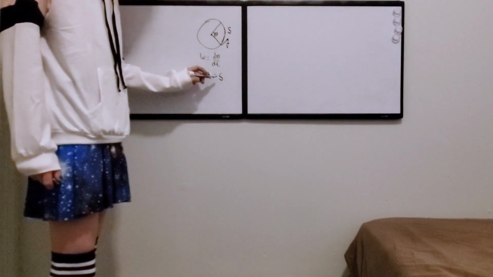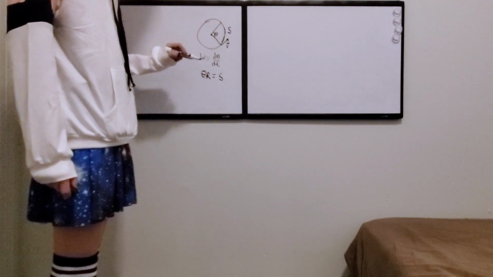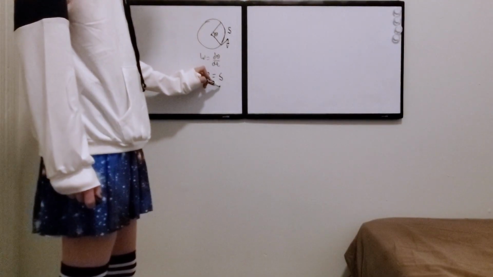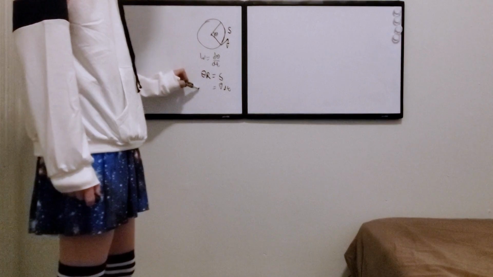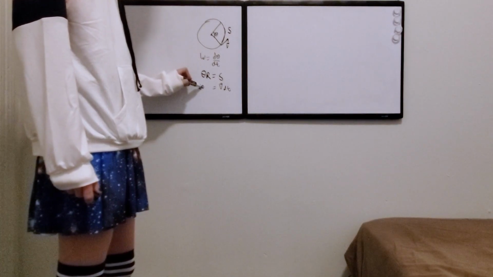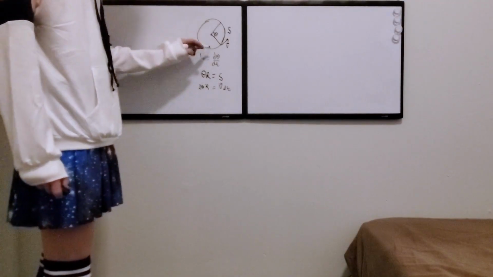And we also know that this arc is going to be equal to our velocity times the change in time. So the velocity times delta t is equal to the change in the angle times r. And so we can rearrange this to get d theta over dt.